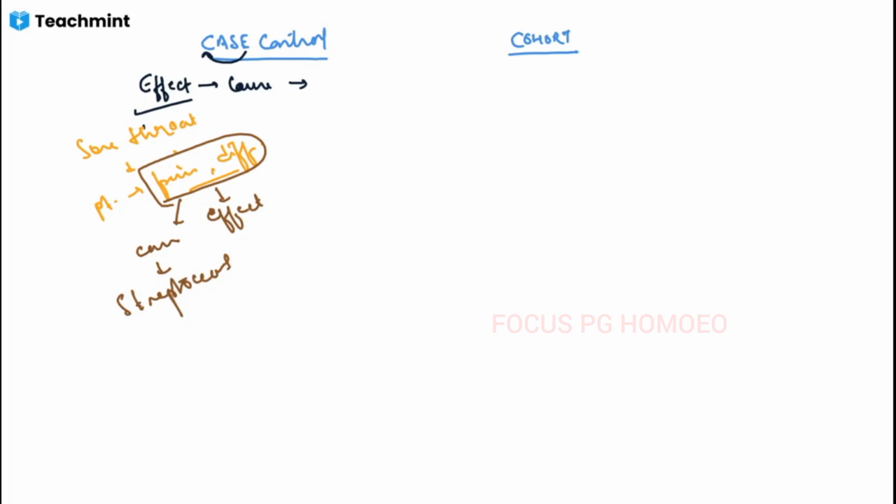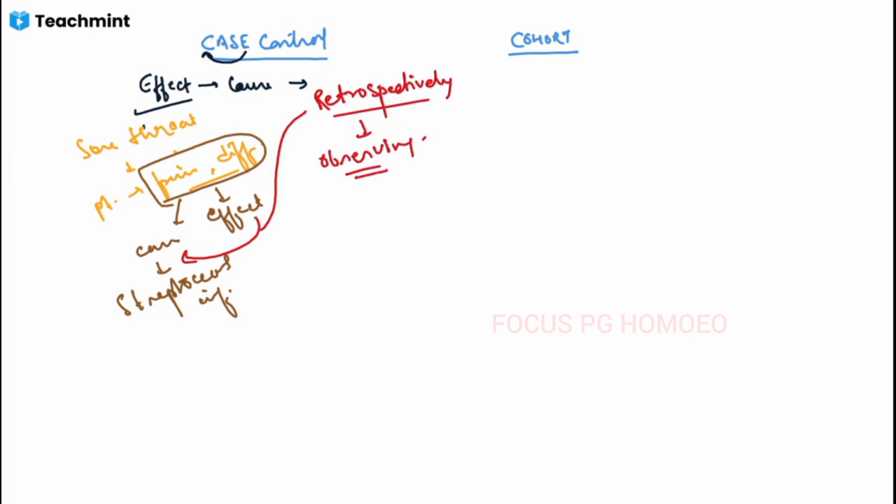So what we are doing, we are going from effect to cause. It means we are going retrospectively. We are going back, and we are observing what had happened, or what had caused that thing. So case control study, if we are going from effect to cause, we can call it a retrospective study and observational study also.